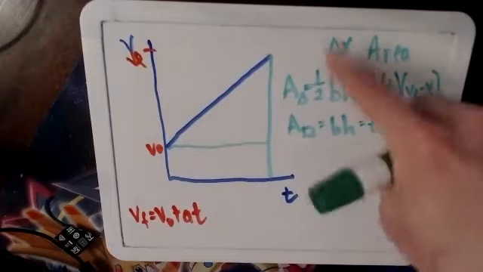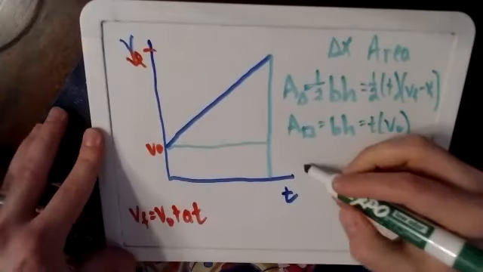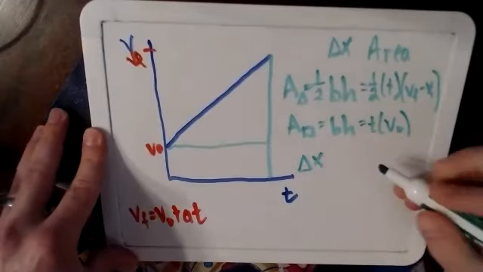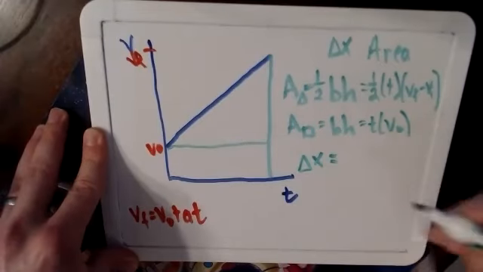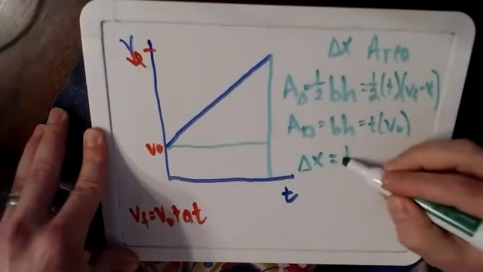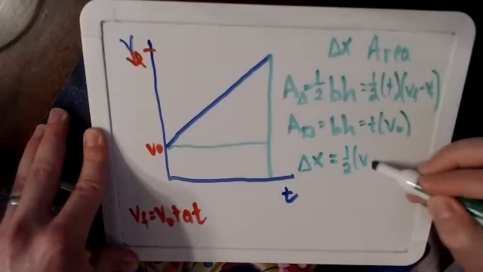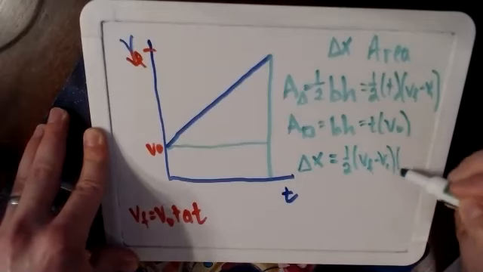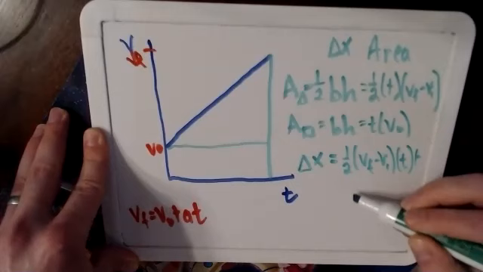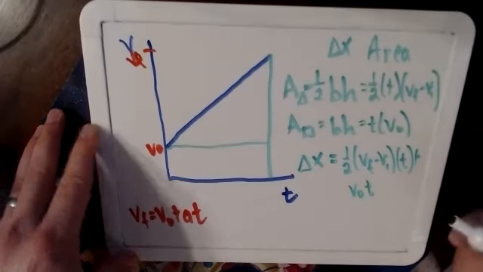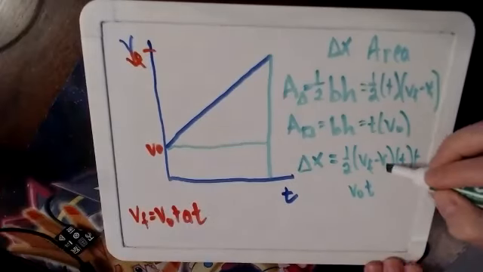To get the total area, I simply add those together, and I would say that my delta X is equivalent to 1/2 VF minus VI times T plus the quantity V0 T. Oops, that says initial, my apologies.